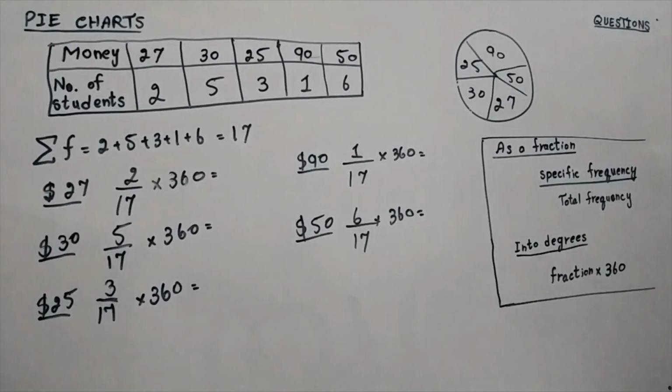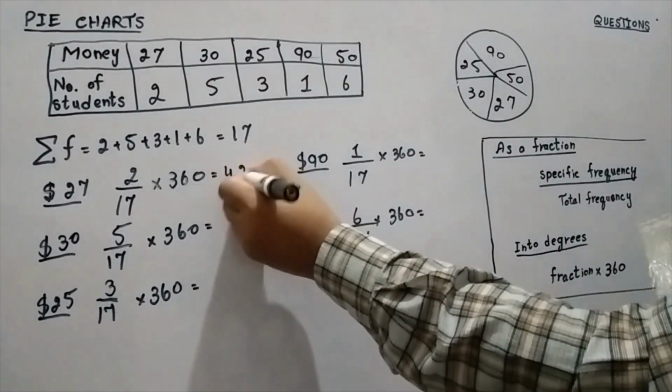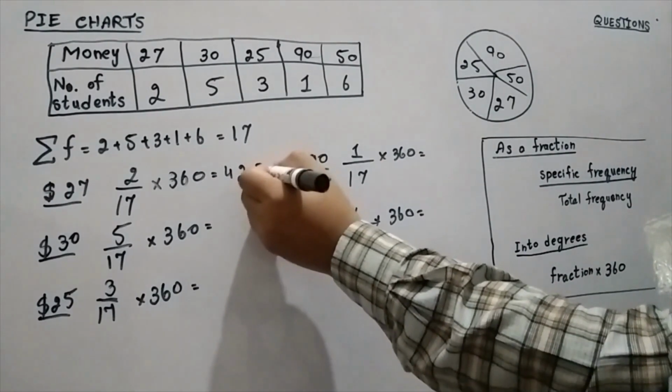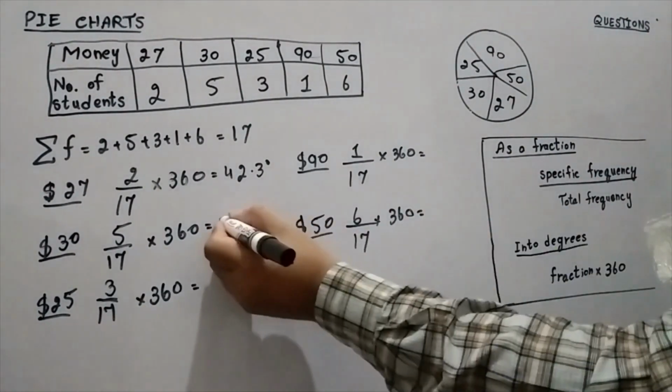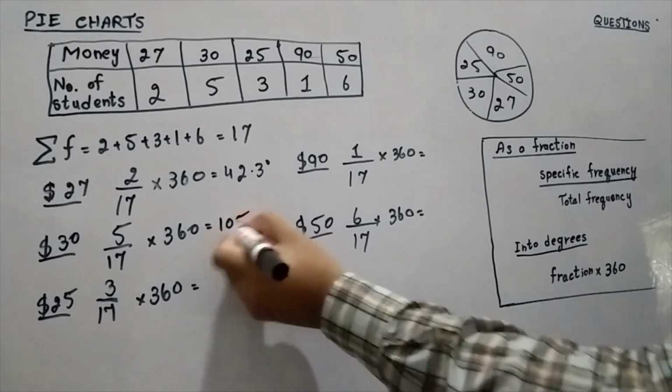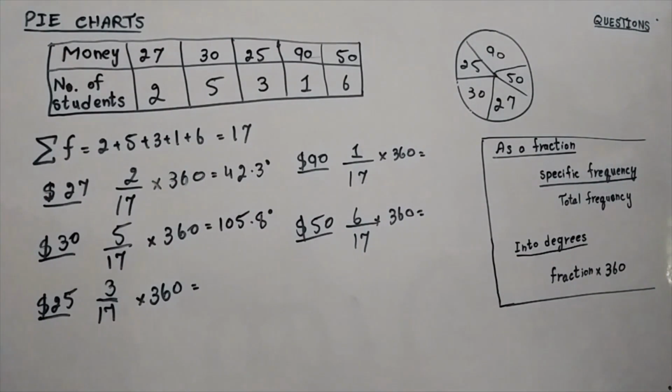If I multiply 2 over 17 by 360, I will get 42.3 degrees. If I multiply 5 over 17 by 360, I will get 105.8 degrees. Clear?